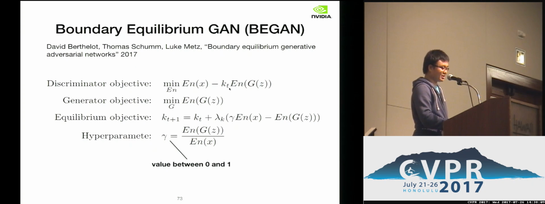But when you train the generator, you don't have k_t because all you care about is the generator. And this k_t is updated through this equation, where gamma is a constant, a hyperparameter which you determine beforehand, usually a value between 0 and 1. So you fix this one, and this is more like your error. Based on this error, you feed back to this k, and they show that it helps stabilize GAN training.